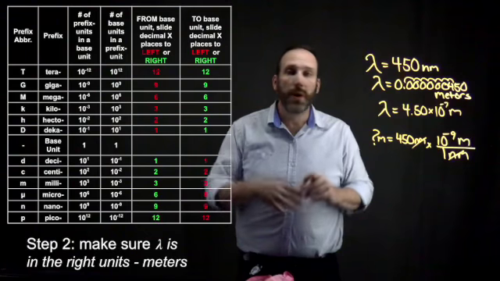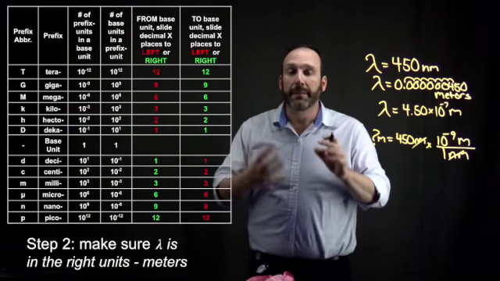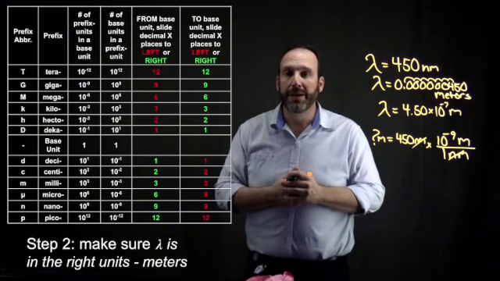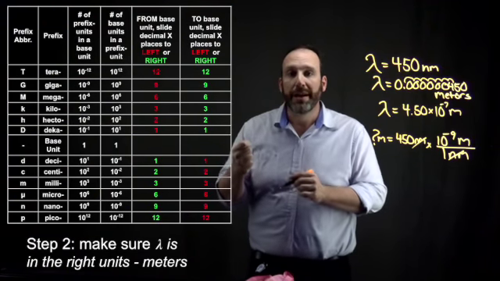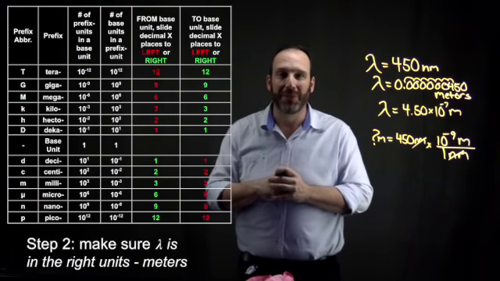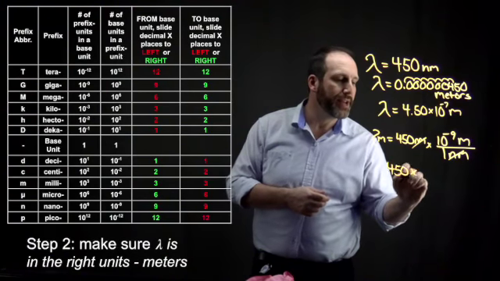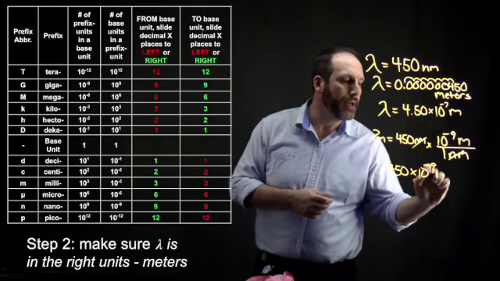If I can remember that there are 10 to the minus 9 meters in a nanometer, then I can really quickly put 450 nanometers in quasi-scientific notation. So 450 nanometers is equal to 450 times 10 to the minus 9 meters.